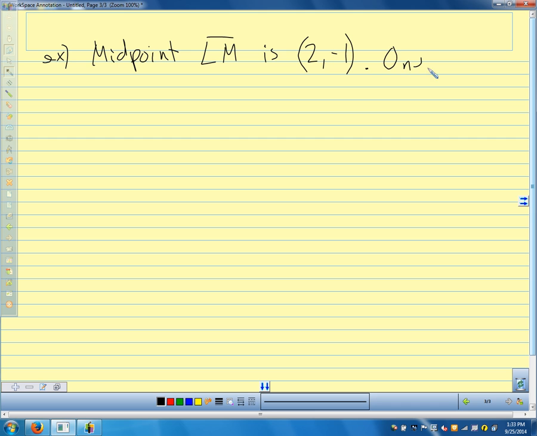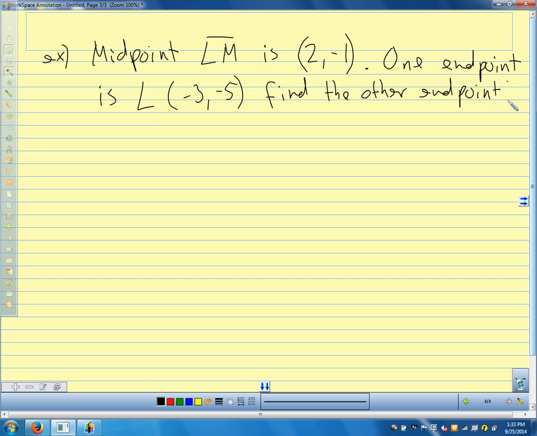One endpoint is L at the point negative 3, negative 5. And we want to find the other endpoint M. So this time we have the midpoint and one endpoint. And we want to find the other endpoint.